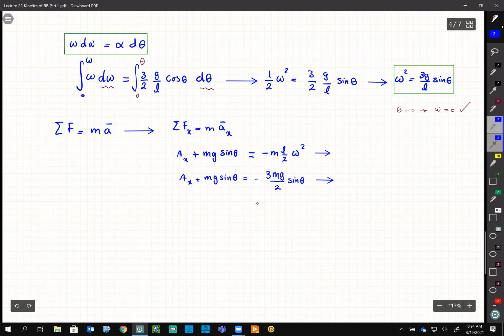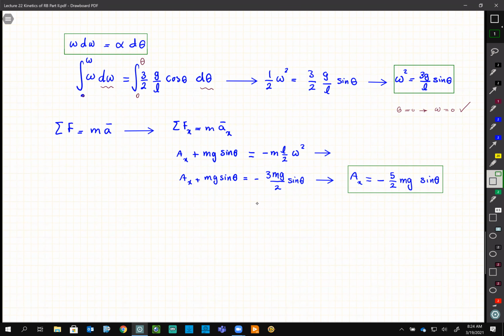And from here, I'm going to have Ax equal to, so it goes to the other side, minus 5 over 2 mg sine theta. So this is the reaction for Ax, right? At any angle theta.